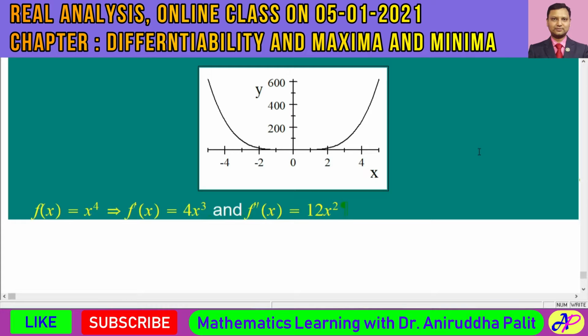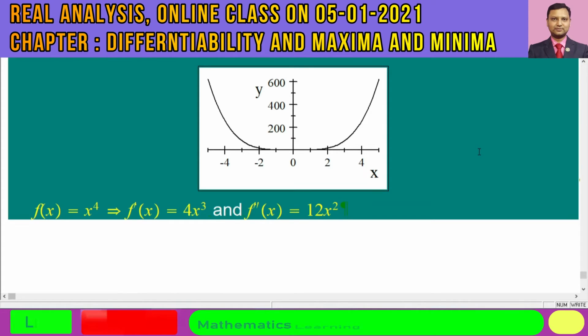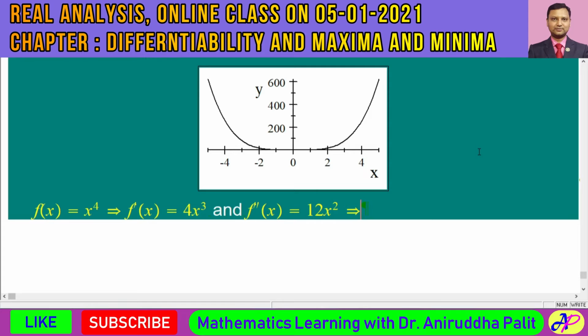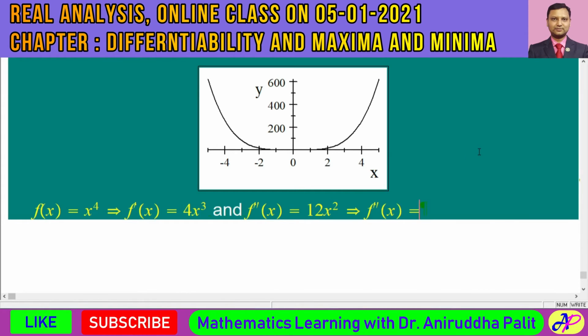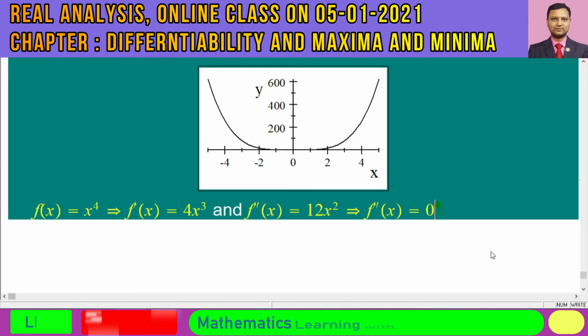In such a case, f double dash at the point 0 is equal to 0. But still, the function has the minimum value at the point x equal to 0.